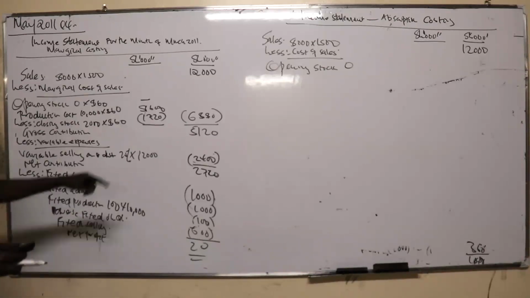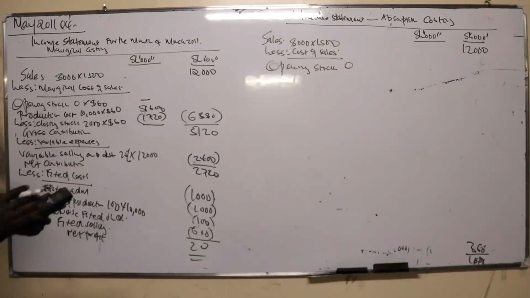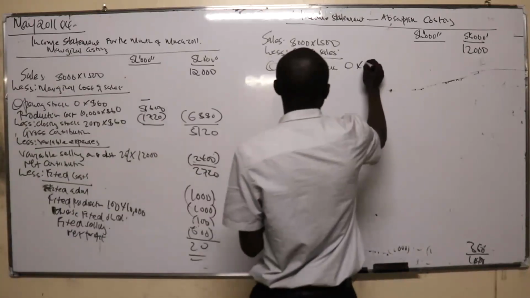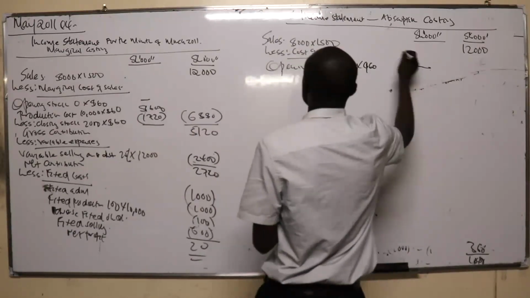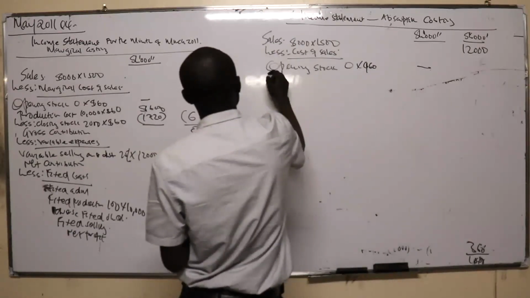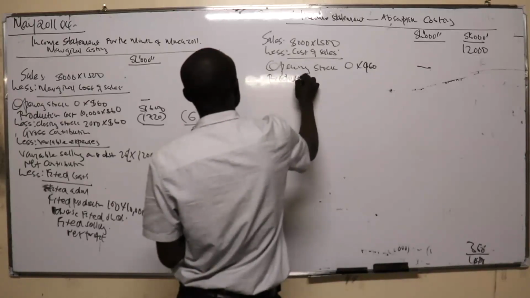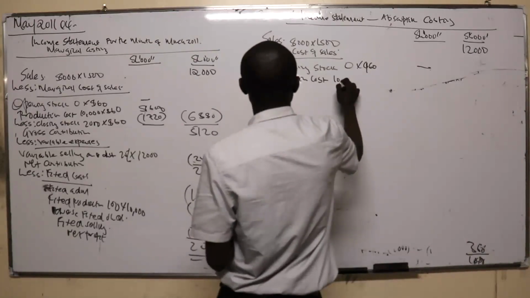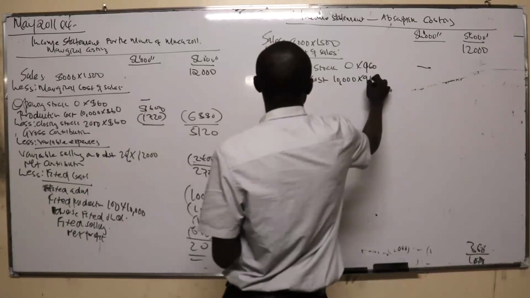So the variable production cost per unit is 860 plus fixed production cost per unit, which is 100. So here you'll have valued it based on the 960. And then you add production cost. The total number of units produced, 10,000 units, you multiply by 960.